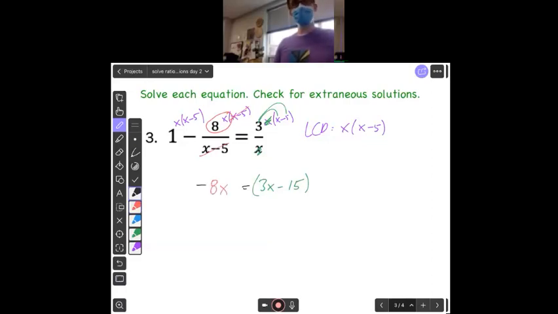Now the 1 doesn't have anything to cancel any of that stuff, so all of that stuff is going to act here. I would take 1 times x, which of course is just x, and then I would take that x and distribute it into there. So I get x squared minus 5x.